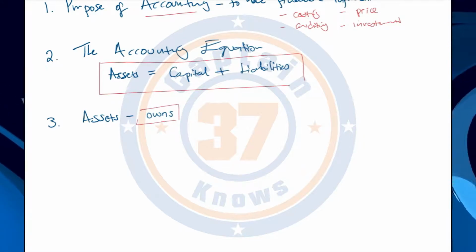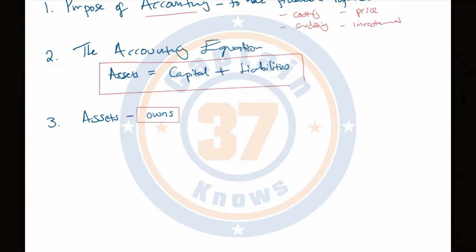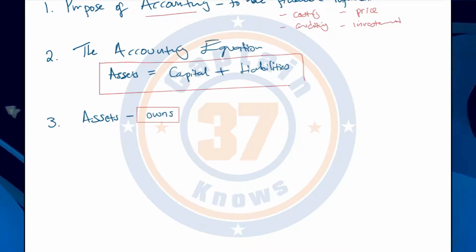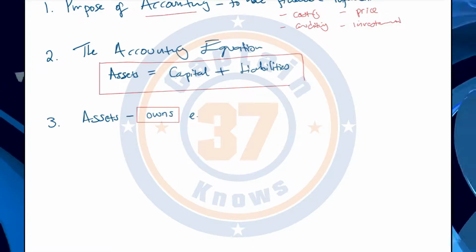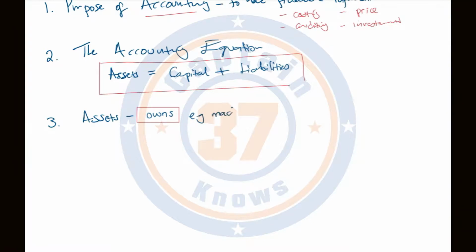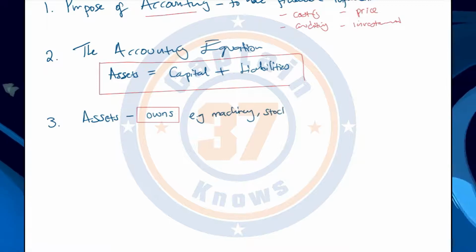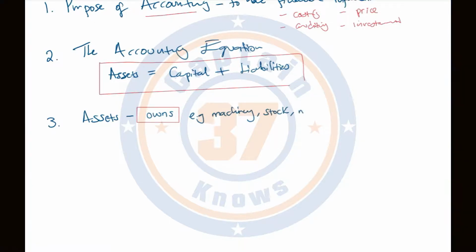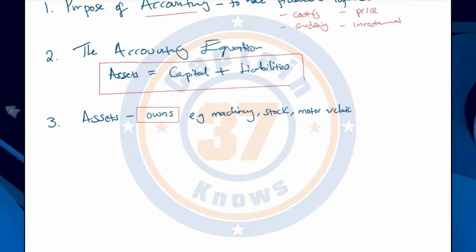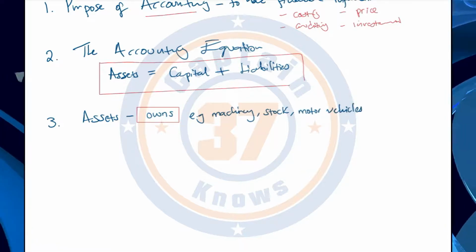Examples of the things that a company can own are machinery, stock, motor vehicles. The business owns these things, so these are examples of assets.